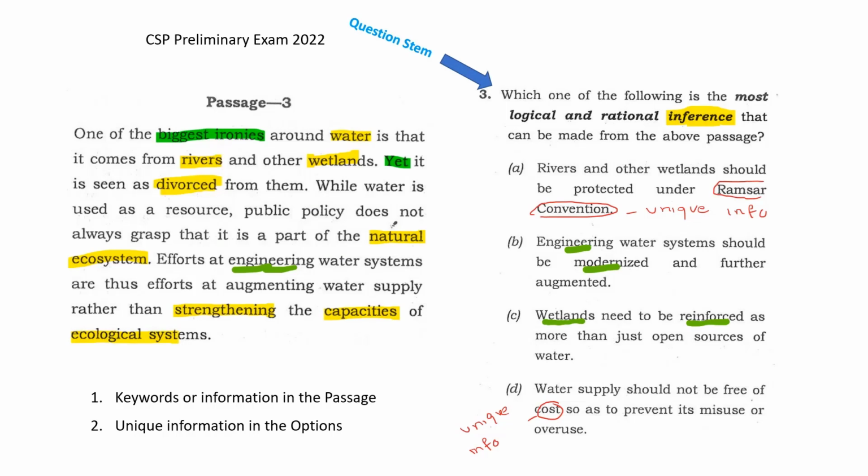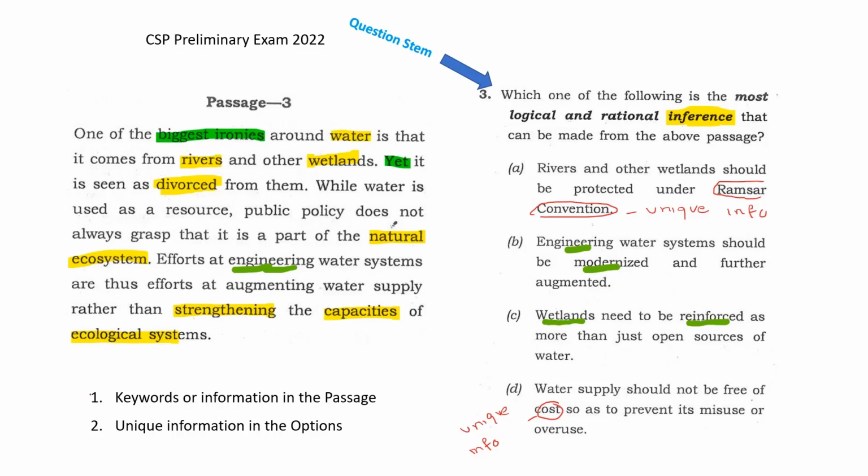This question was asked in the Civil Services Preliminary Exam 2022. So first, we read the question stem: Which of the following is the most logical and rational inference?